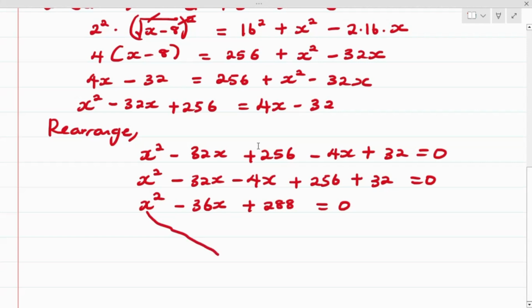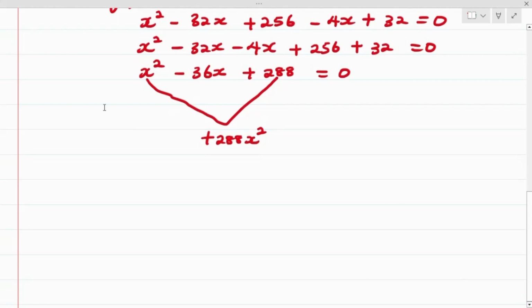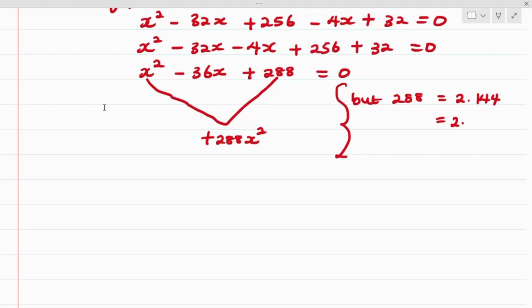So let's simply factorize this right here. Now if we take the first and the last, multiply it, we have plus 288 what? x squared. So we want to think of two numbers that when you add them, give us minus 36x, and when you multiply them, give us 288x squared. So all you have to do is to say, 288 equals what? 2 multiply what? 144. And 144 can be expressed as 12 multiply 12.